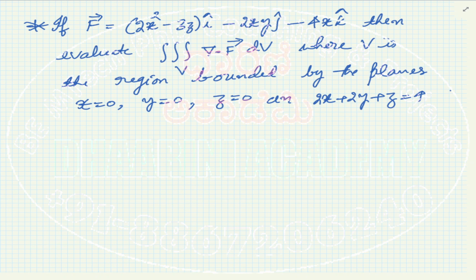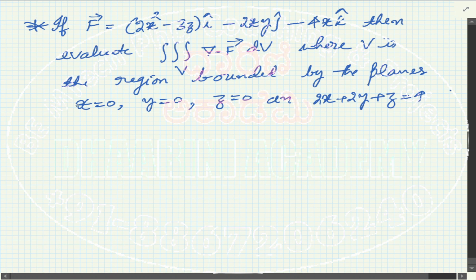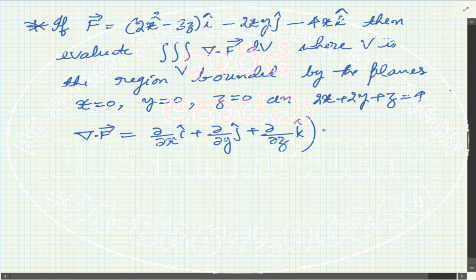Okay, now first let us perform the del dot F. Del dot F should be equal to, the del operator is dou by dou x into i cap plus dou by dou y into j cap plus dou by dou z into k cap, dot the given vector.